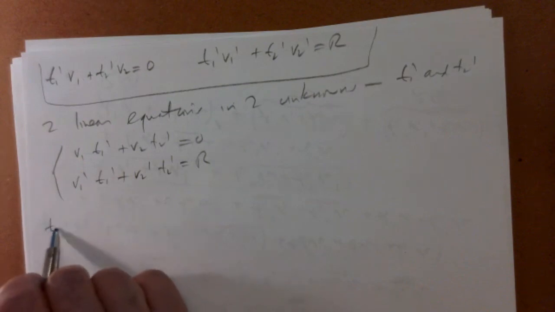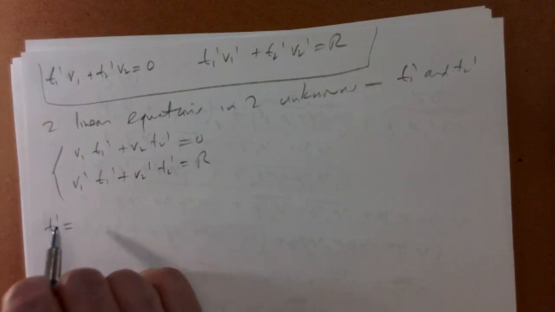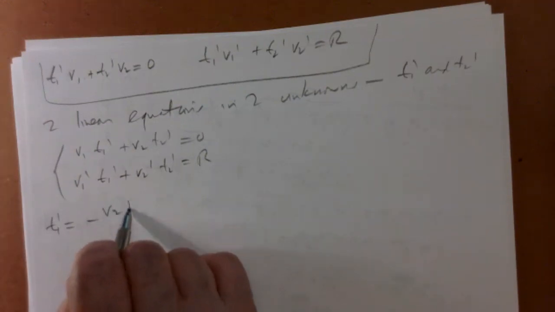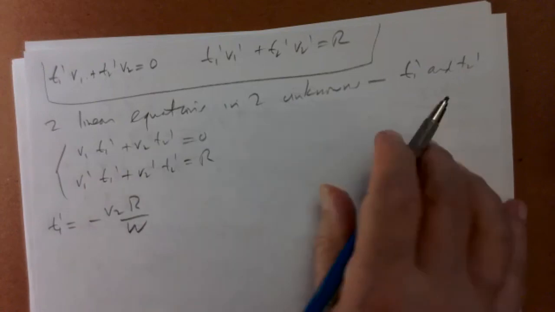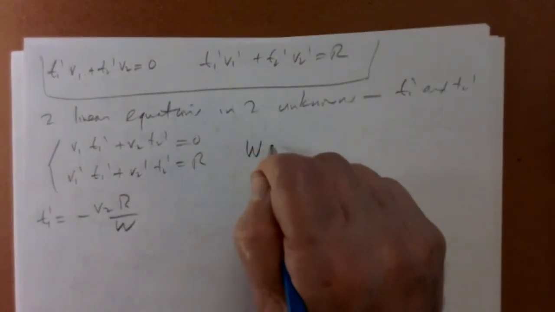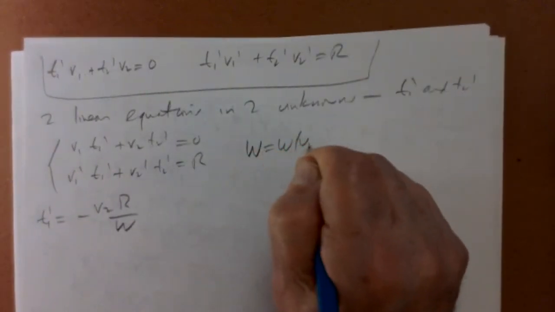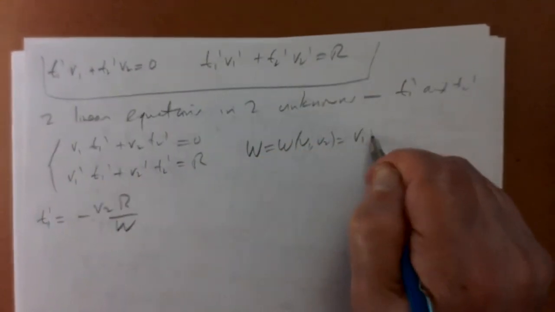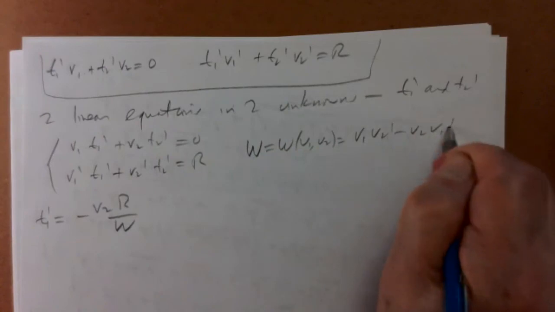equations and two unknowns. You get the derivative of T1, T1 prime, is minus V2 R over W. W is the Wronskian. W is W of V1 and V2. That's V1 V2 prime minus V2 V1 prime.